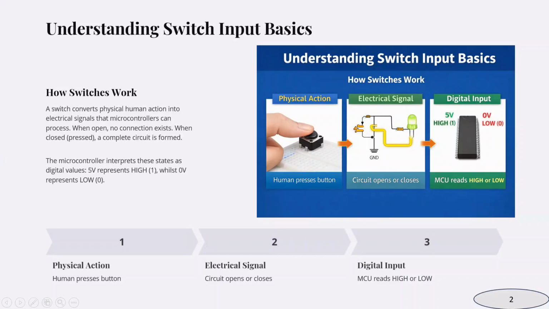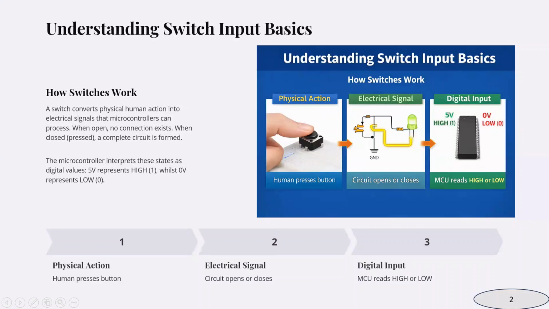But when the switch is closed or pressed, a complete circuit is formed and hence the current flows. The microcontroller interprets these states as digital values. 5 volt represents high with logic 1, whereas 0 volt represents low with logic 0.